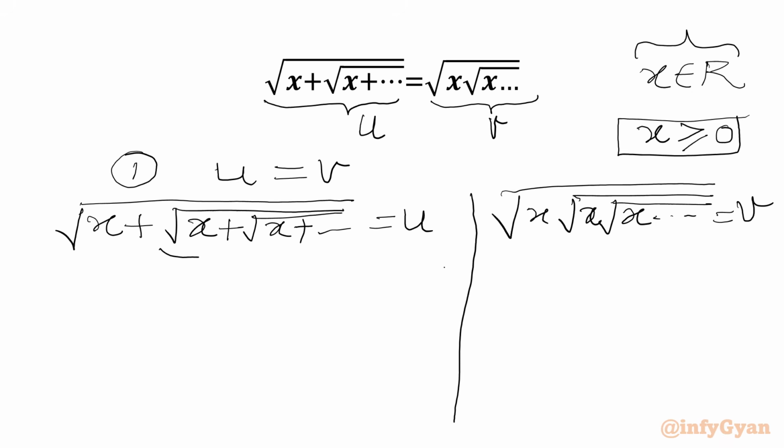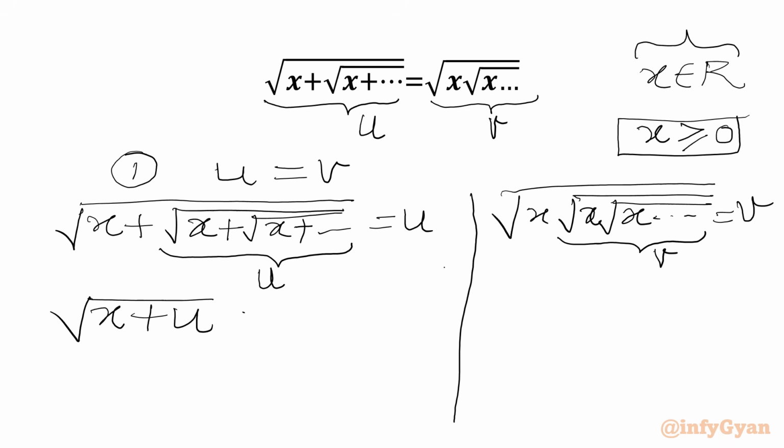Now we can write this part equal to U once again, and this part equal to V once again. So we will write square root of x plus U equal to U. And here we can write square root of x times V equal to V.